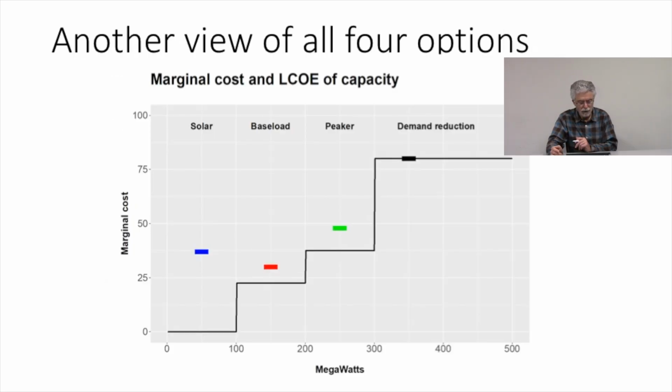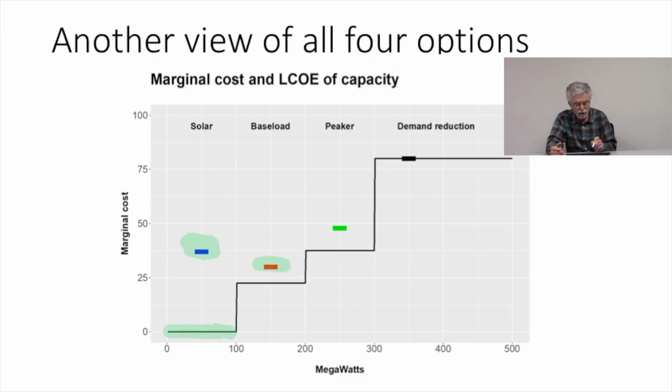So if I want to add 100 megawatt hours, I can do it from each of these different kinds of power plants. What we have here for solar, we have the levelized cost of energy, or the long-run average cost of energy from the solar plant. We have its marginal cost.